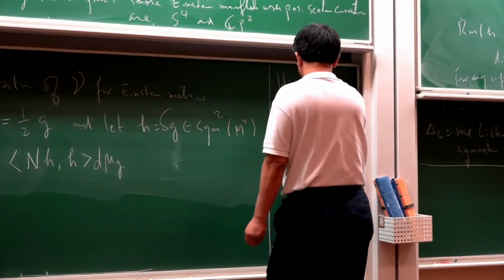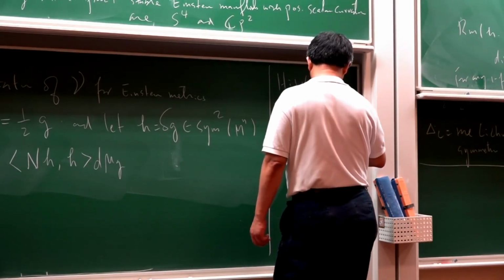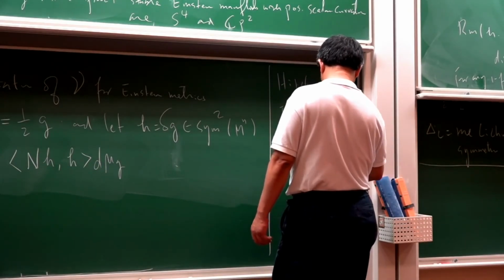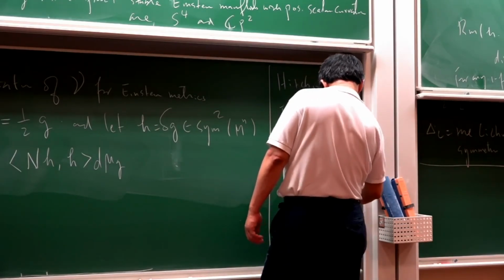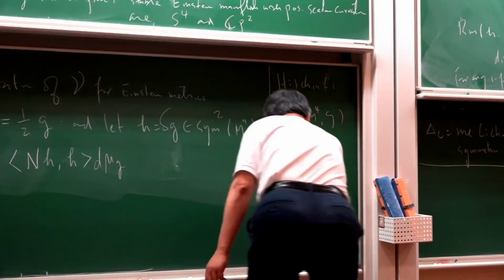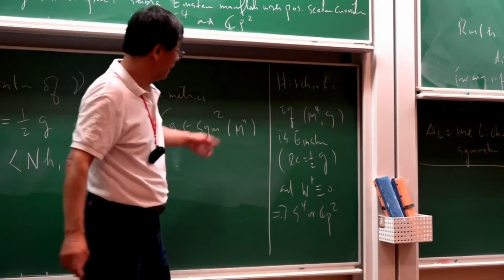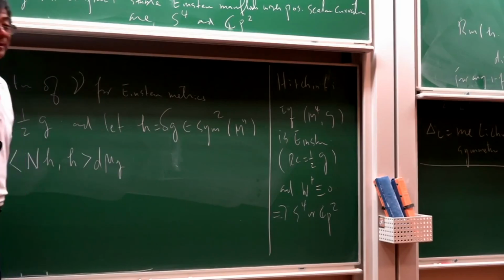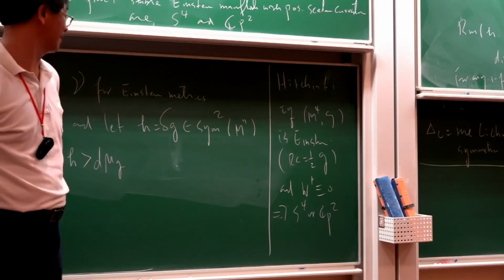If M4, g is Einstein and positive, say Ricci is equal to, for example, half of g, and W plus is identically equal to 0, then you know this is self-dual Einstein. The only ones in this case are S4 and CP2.